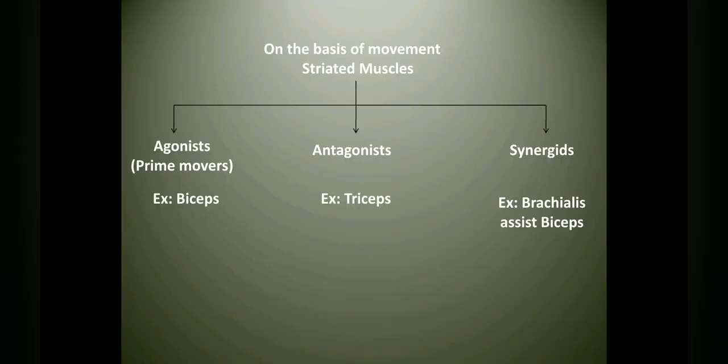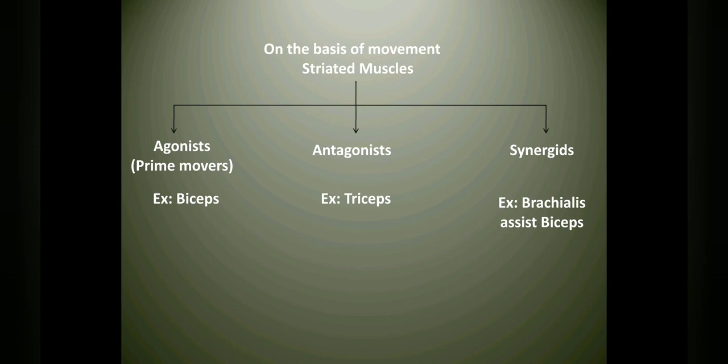Now, on the basis of movement, striated muscles are of three different types. Striated muscles we already studied in the last chapter, that is animal tissue. Now here, the three types which are present, they are agonist, that is they are also called as prime movers.